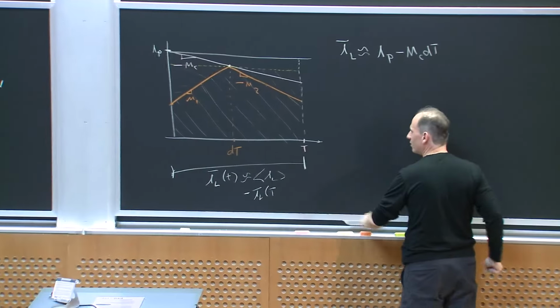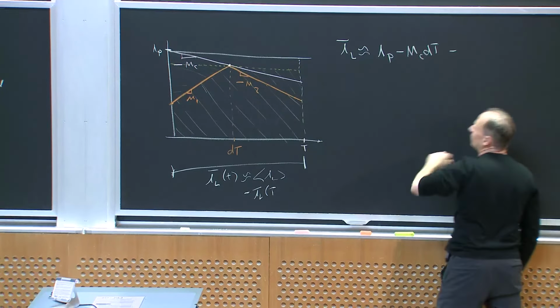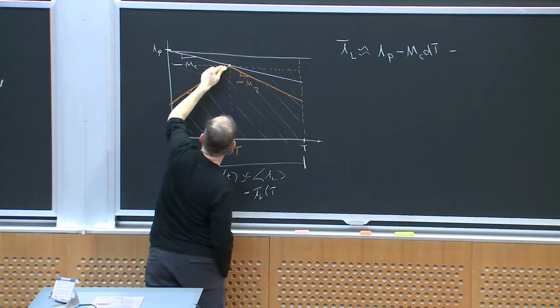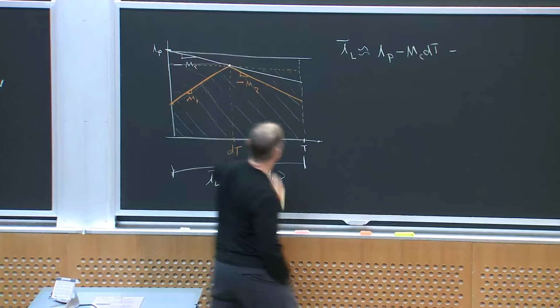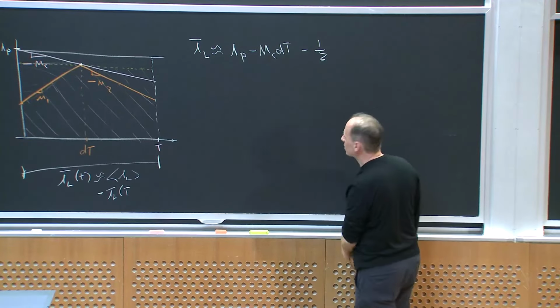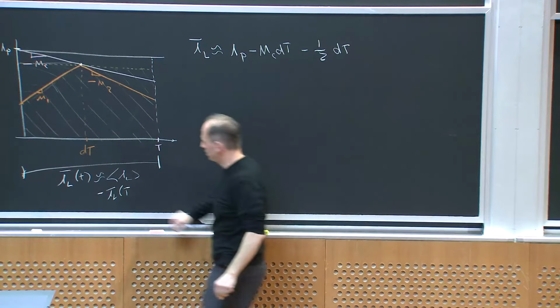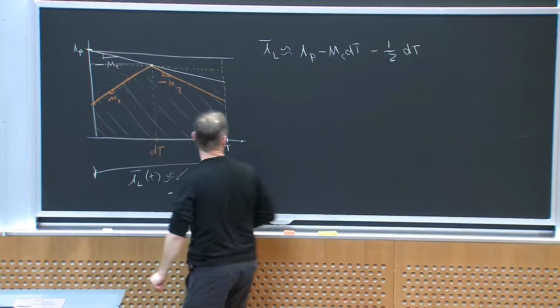So if I do that, I got to subtract off the area of this triangle here. That would be minus 1/2 the base, which is dt, times the height, which is dt times m1.